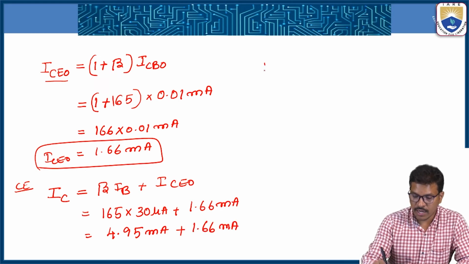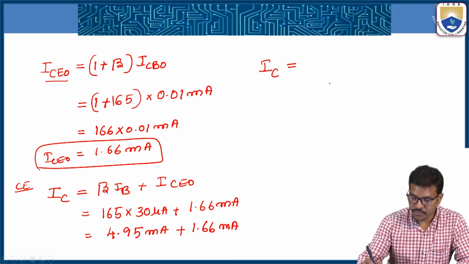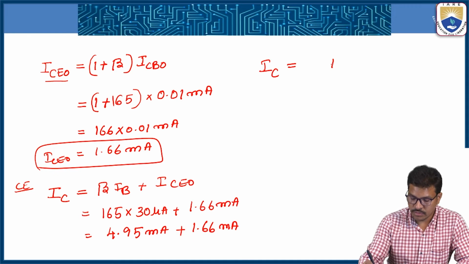So finally, you will get IC is equal to 6.61 milliampere.